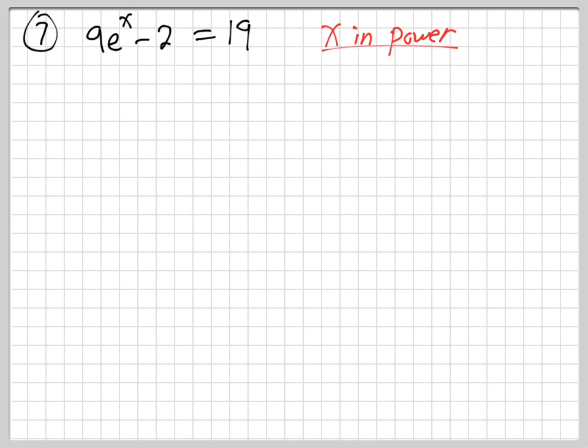So number 7, 9e to the x minus 2 equals 19. So how do we handle x in power? Step 1, get the base to the power alone.